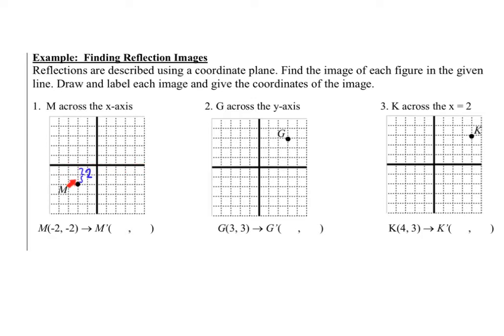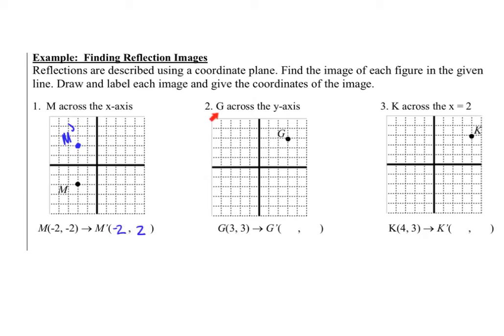So if it's 2 units away from the x-axis on this side, it's going to be 2 units away on the other side. So we can plot our point and label it M prime. This is the image after the reflection, and then we write the coordinates of the new point. So this is going to be at -2, 2.